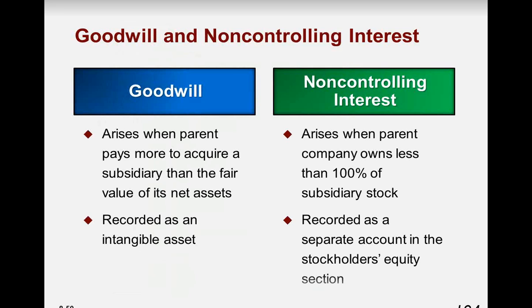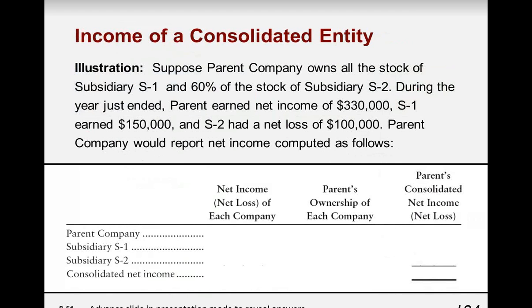Non-controlling interest arises when the parent company owns less than 100% of a subsidiary's stock. You record it as a separate account in the stockholders' equity section when that happens. So if we have a parent company that owns all of the stock in subsidiary 1 and 60% of the stock in subsidiary 2, during the year ended, the parent earned a net income of $330,000, subsidiary 1 earned $150,000, and subsidiary 2 had a net loss of $100,000.